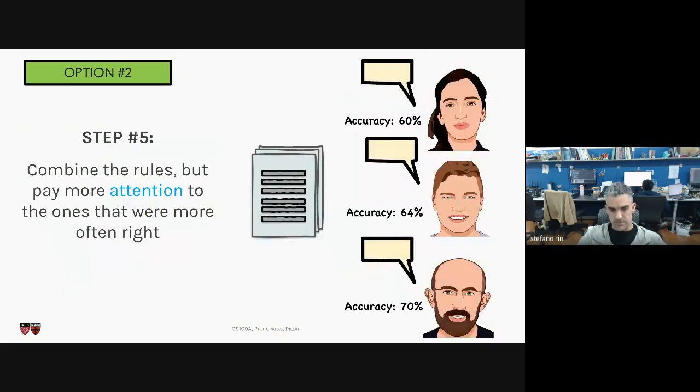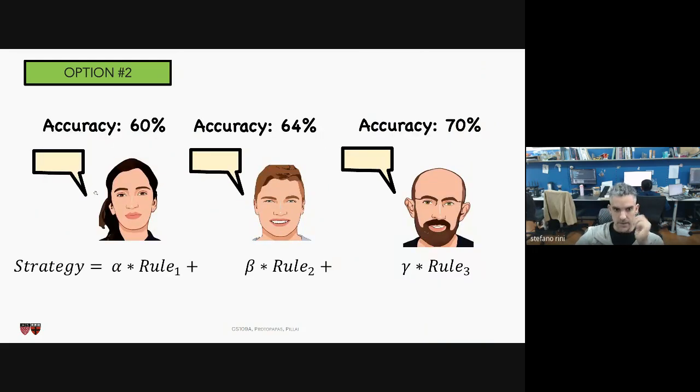So the final step is to combine all of these rules together, so that if from one rule you get an accuracy of 60%, from the second one 64%, and from the third 70%, you can use the different methods to correct each other's mistakes. So instead of polling all the experts at the same time, you use one expert after the other, always trying to refine your answer.